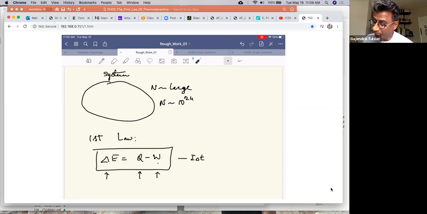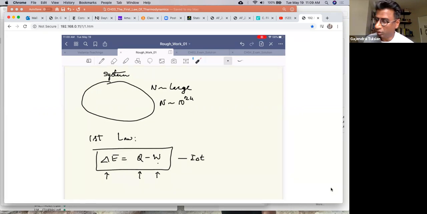We will look at various processes. This law applies to all thermodynamic systems: solids, liquids, any large particle system. But we will make a comment about each of these terms for ideal gas systems.